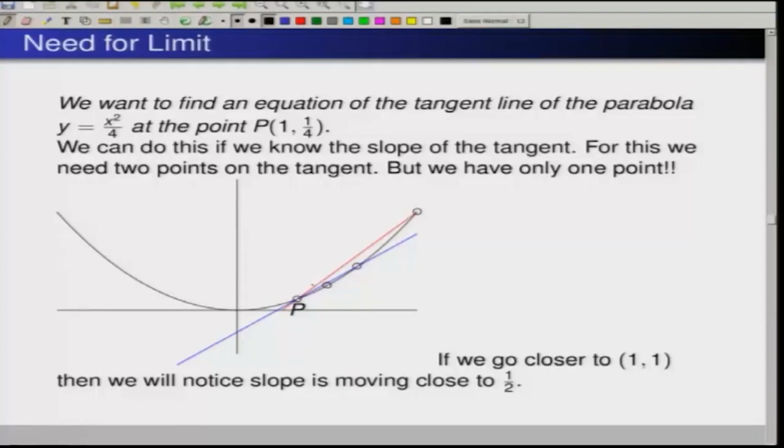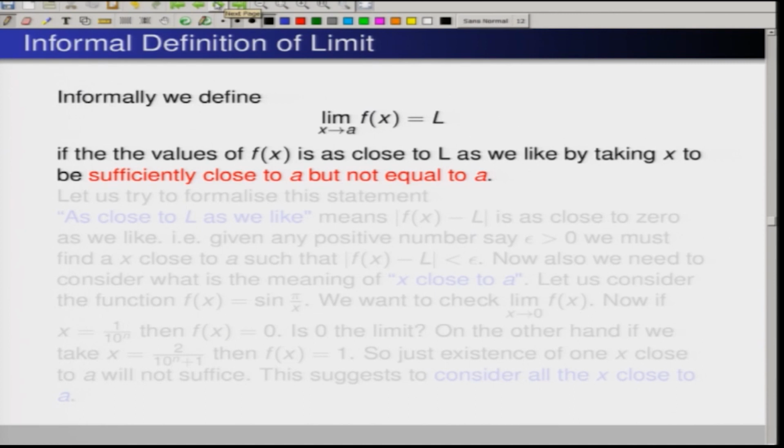Which means I can come to Q from both sides, and this is what is approaching. So, what it says is that f of x is as close to L as we like, whenever x is very close to a, not equal to a.